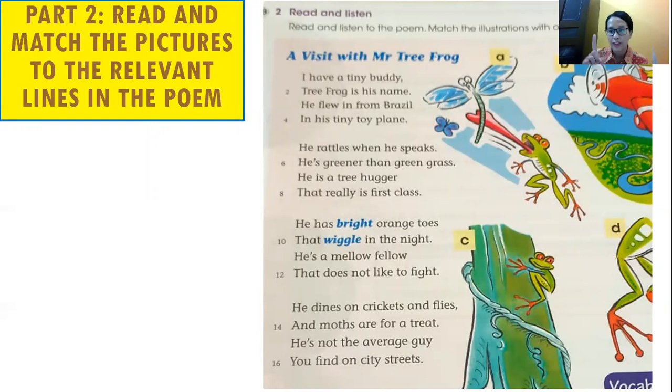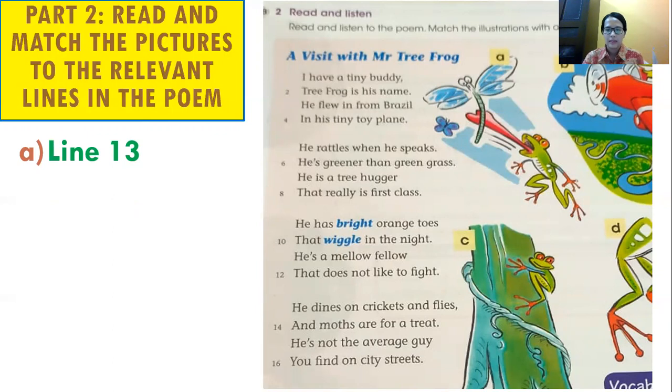So the first page first, before we move to the second page. From the 16 lines here, we will match the illustration to the line in the poem. We have pictures A to D. Picture A is Mr. Tree Frog that dines on crickets and flies.